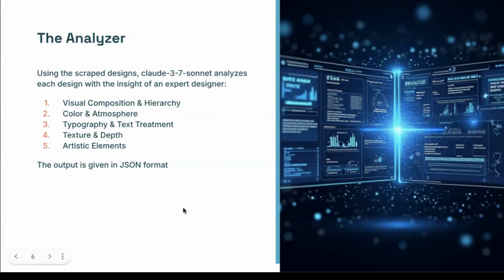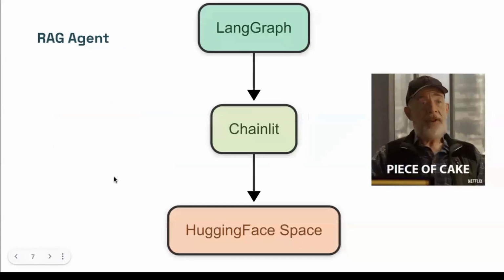So for the second data set in my analyzer, I had Claude 3.7 go through and analyze everything with a pretty detailed professional web design evaluation. That gets output in JSON format as a series of different lists and descriptions that can be consumed by other AIs to use this in applications. So we combine this with the scraped data and we get documents for my vector database.